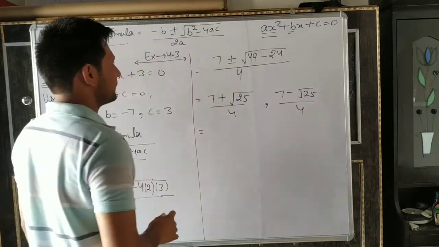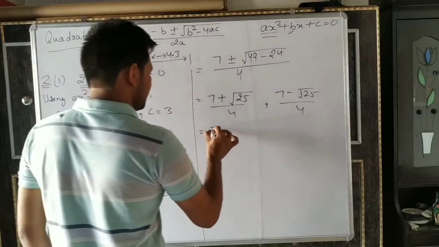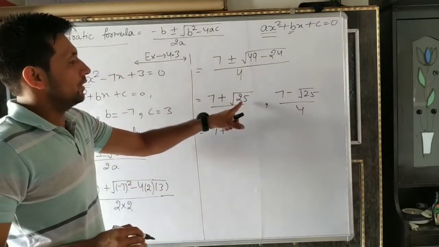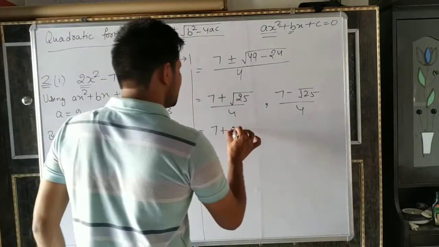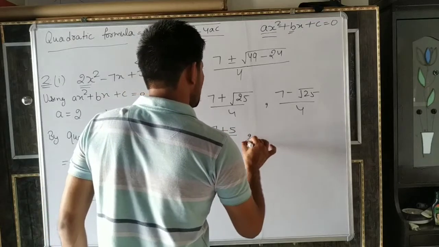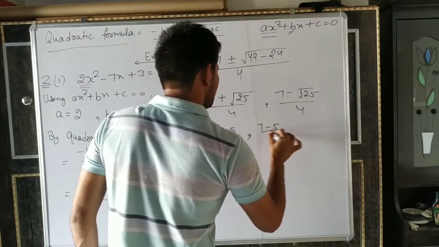So we will write 7 plus 5 divided by 4, comma, 7 minus 5 divided by 4.